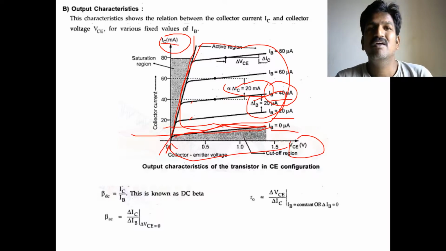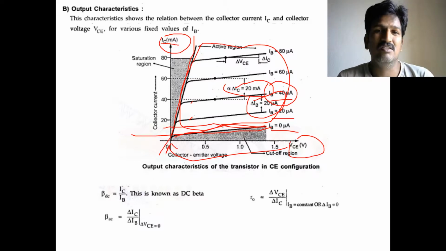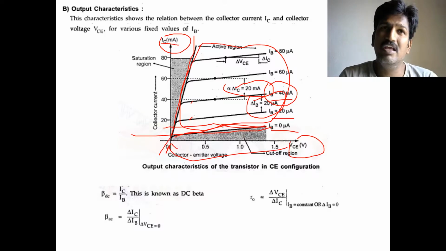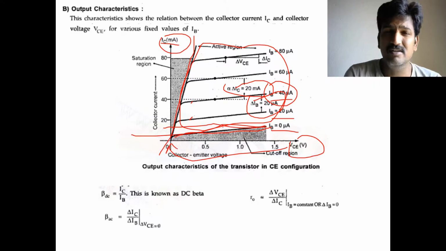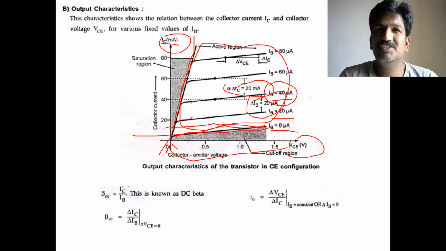When IB is very large and the collector current is very large, the collector to ground voltage becomes very small, and correspondingly the collector to emitter voltage becomes very small. Why? Because if the collector to base voltage is very large, then the depletion layer is going to be injected more into the lower doping area.